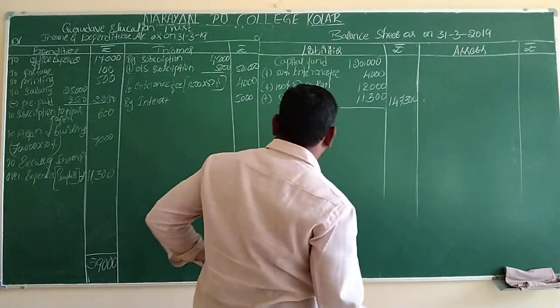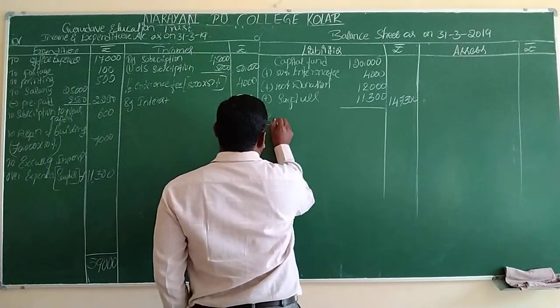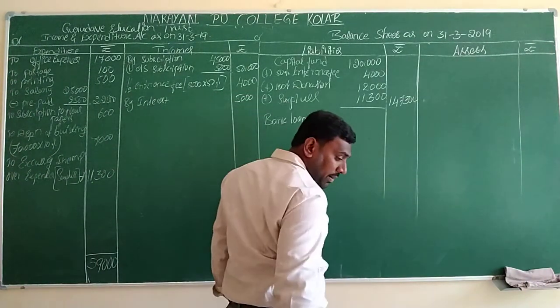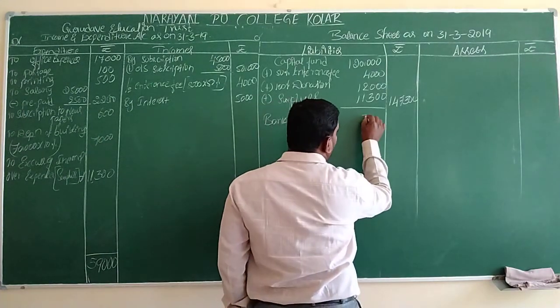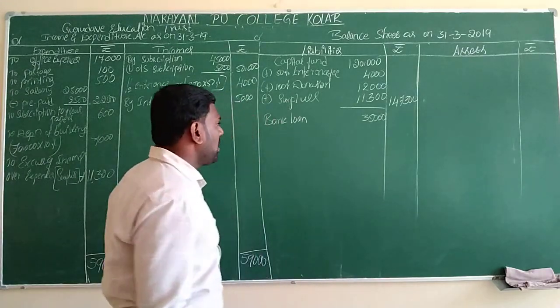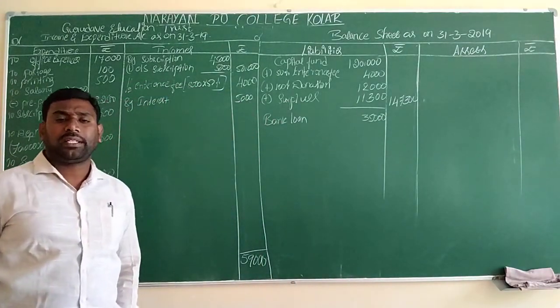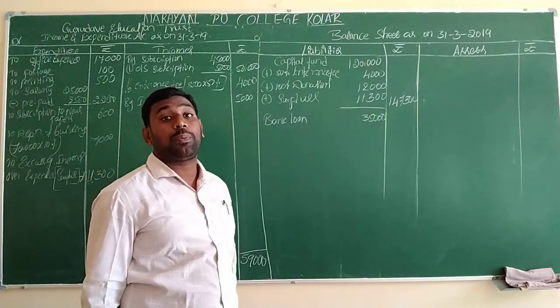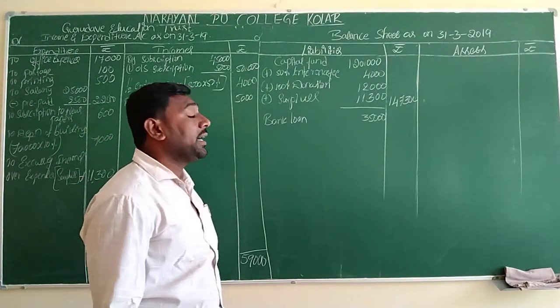For this, the bank loan is there. The value of the bank loan is 35,000. We write it in the inner column because we have taken the loan from the bank. But at the time of repayment, we have to pay something, and that payment will be deducted.